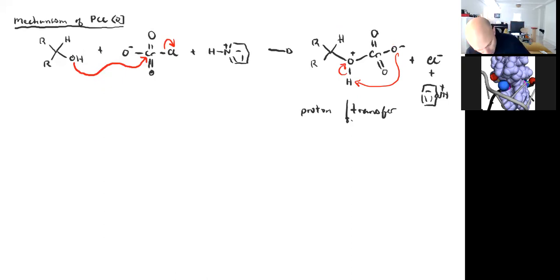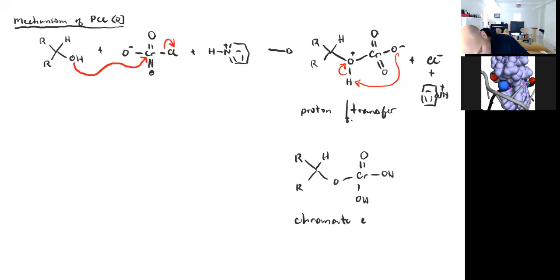And so again, we're going to get to a chromate ester. And this is where it's very similar to the chromic acid. So now this will just attack, push electrons down, push electrons to chromium, and that gives you your product.